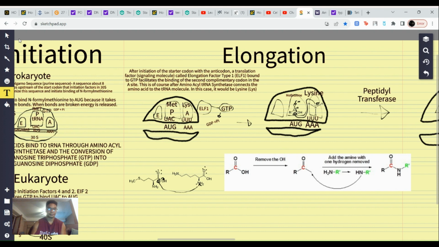So, as I mentioned before, you see this E. Okay, we're just going to use the pen. We have E. We have P. And we have A. We know E is the exit site. We know P is the peptidyl site. And we know A is the aminoacyl site.